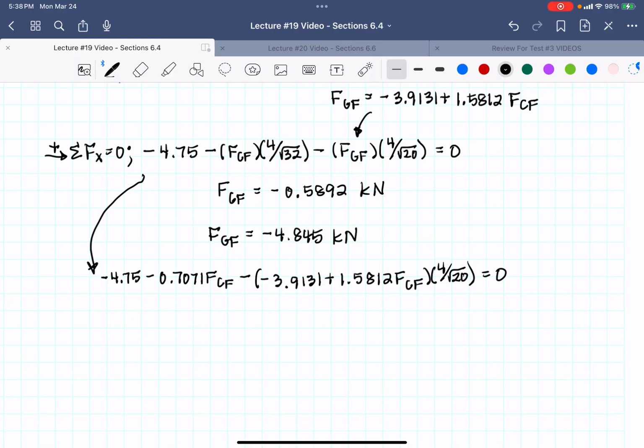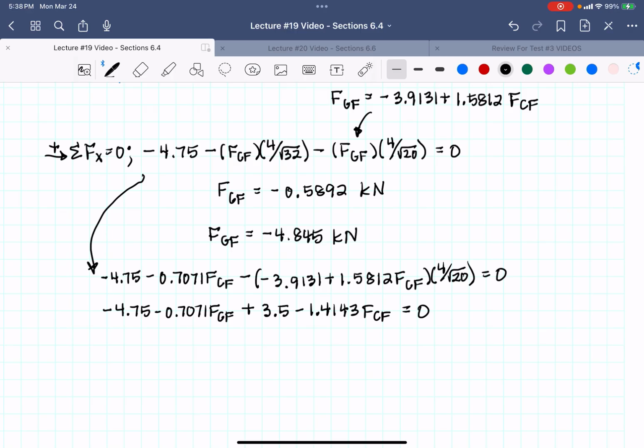So when I multiply that 4 over the square root of 20 out, I'm going to get negative 4.75 minus 0.7071 FCF plus, negative turns it into a positive, 3.5 minus 1.4143 FCF equals 0.